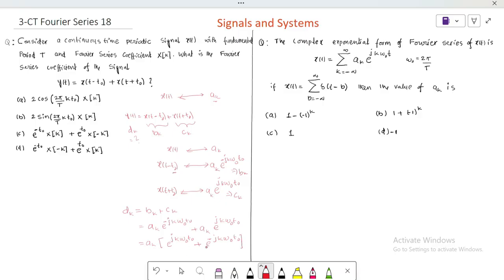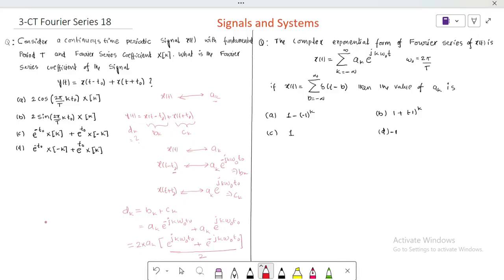So this is e power j theta plus e power minus j theta by 2, it becomes cos. So there is a 2 missing, so multiply and divide. The 2 by 2 gets cancelled.